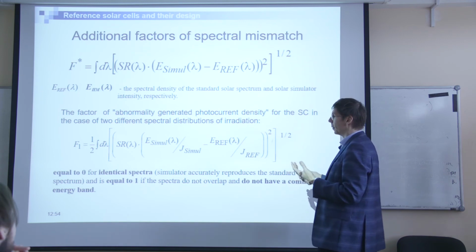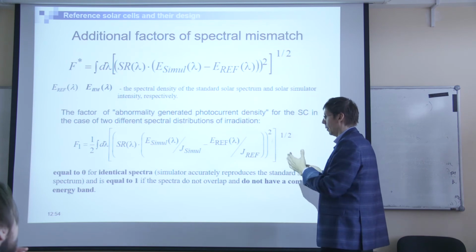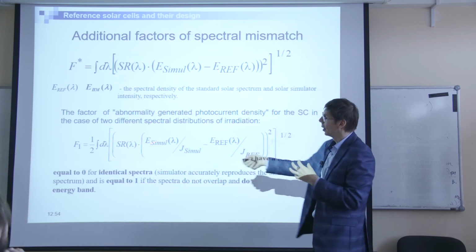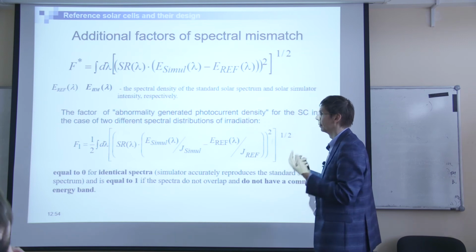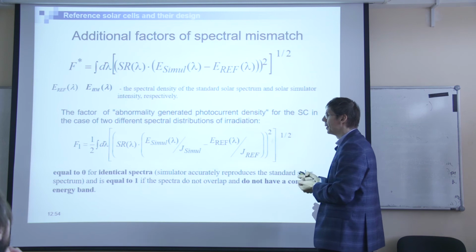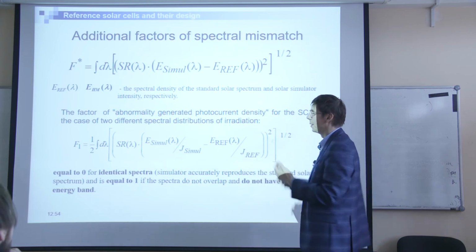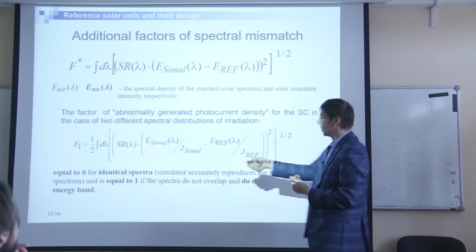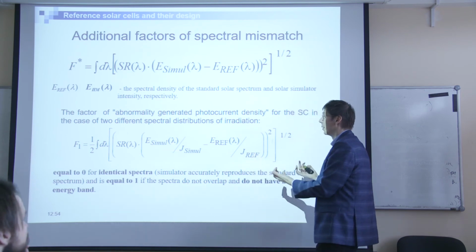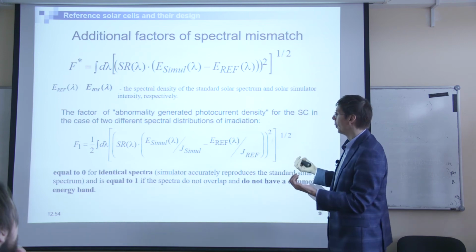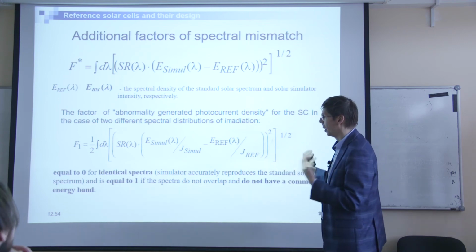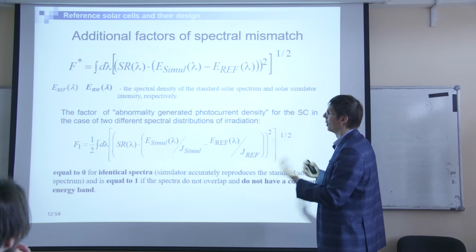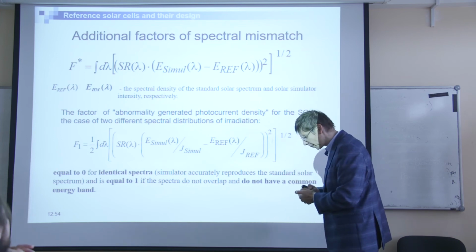In this case, even if the spectra are identical in the visible range, I would have zero sensitivity there, but where my solar cell has sensitivity there is a large difference, and in this case I would have the maximum mismatch.